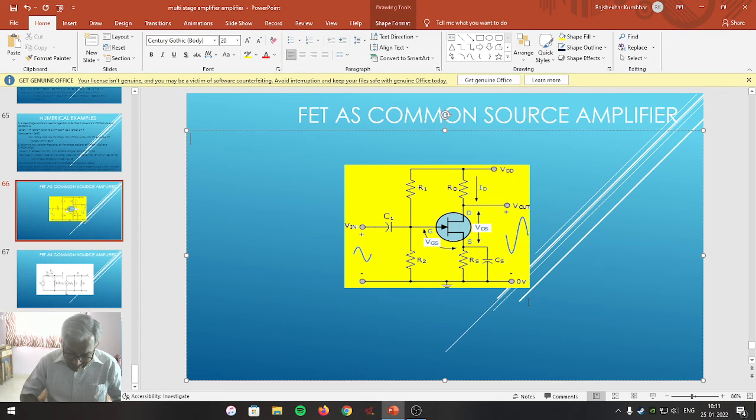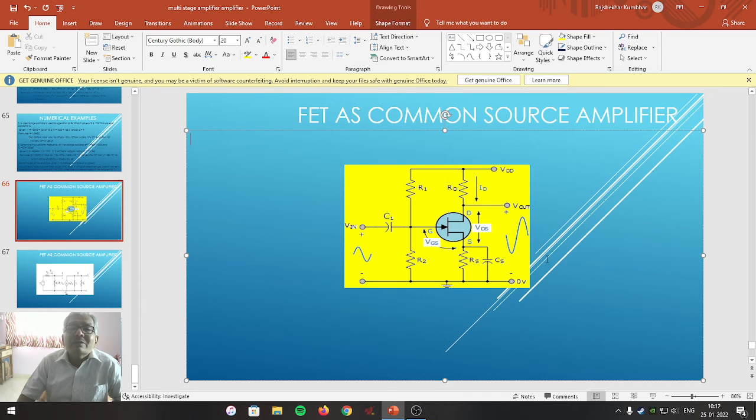Voltage gain here is the ratio of output voltage upon input voltage. In this case, Vout is the output voltage, Vin is the input voltage. Their ratio is treated as the voltage gain.